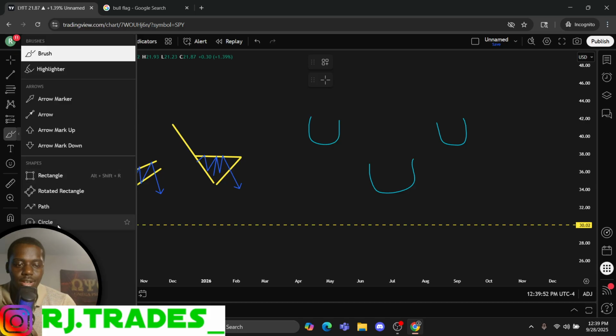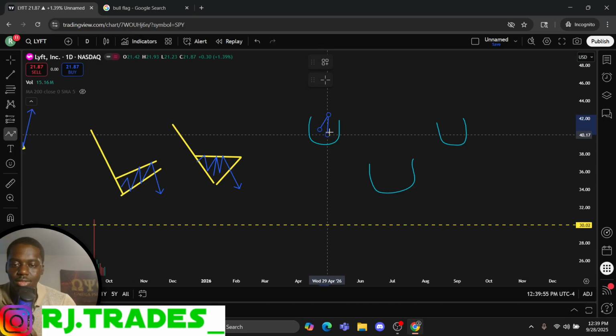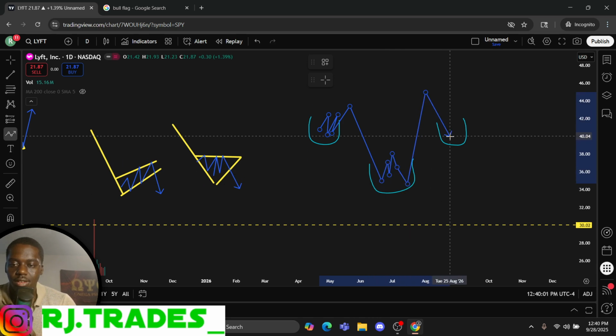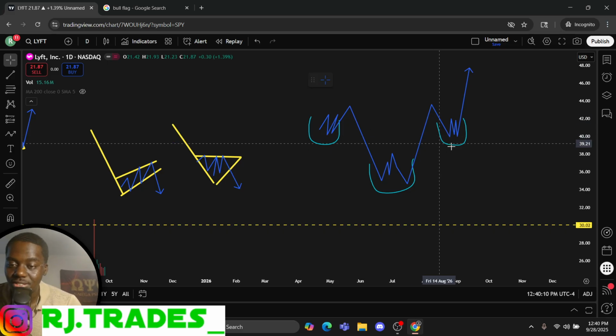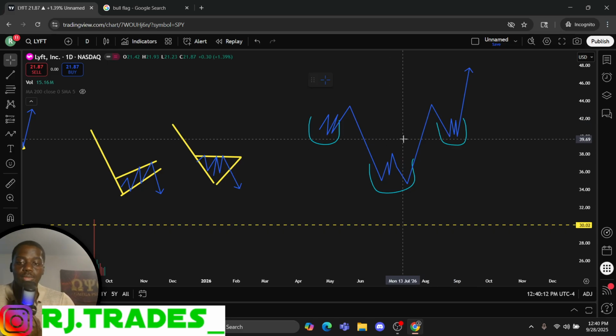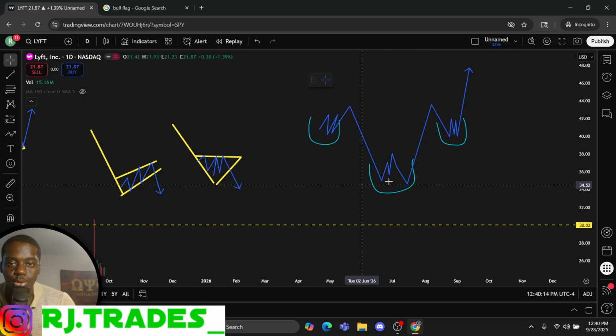I don't even know if I can draw this right. Stock could be moving like this. It's actually not a good drawing. Okay, that's not bad. The stock will be moving something similar to this. So it's made up of a head. This is the inverse head.